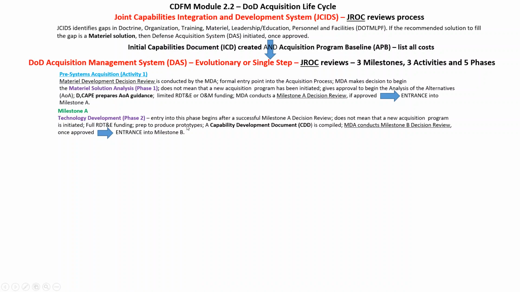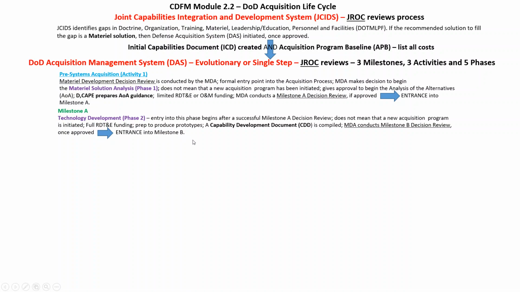What does the prototype need to look like? A capability development document is compiled, because now we have technology specifics on what this item needs to look like. And the Milestone Decision Authority conducts the Milestone B decision review. Once approved, that is what gives us entrance into Milestone B.